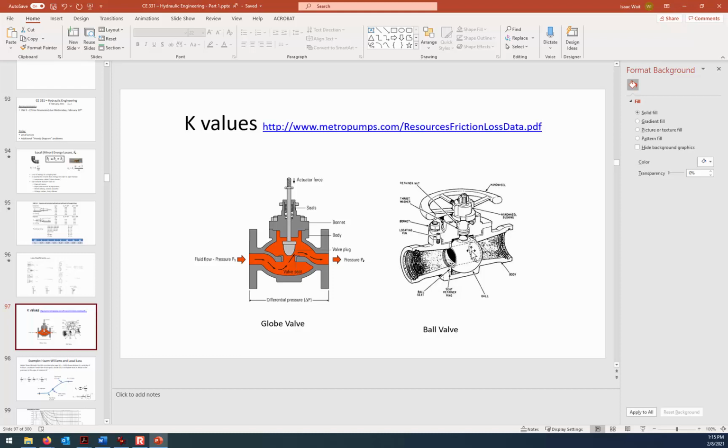So I guess what's most common depends on the application. Think about your sink, the sink that dispenses water in your bathroom. You only have to turn the handle a little bit to get it running. So that's not a globe valve, that's not a gate valve, that's most likely a ball valve that you have at your sink there.